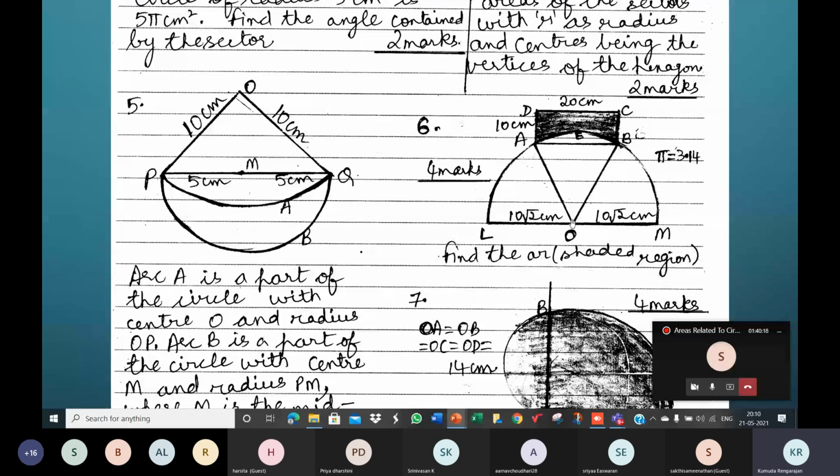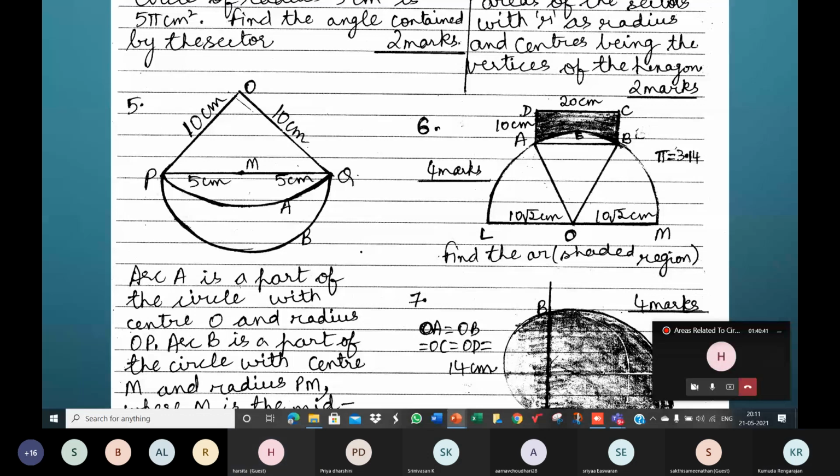See here, OA radius, OL radius, OB radius, OM radius, all from the center to some point on the circumference. So we got the radius. What about the sector angle?